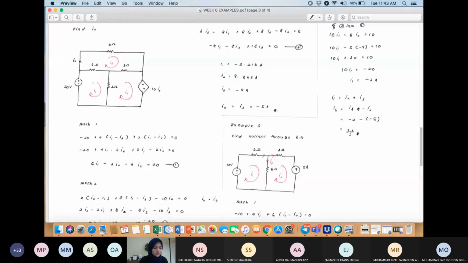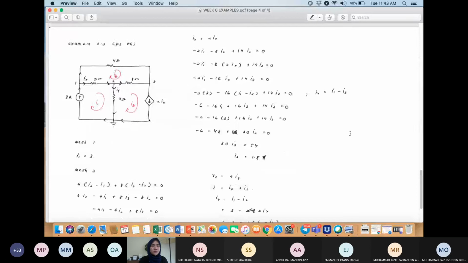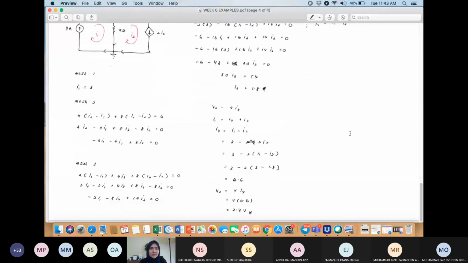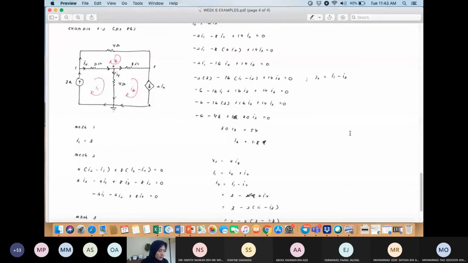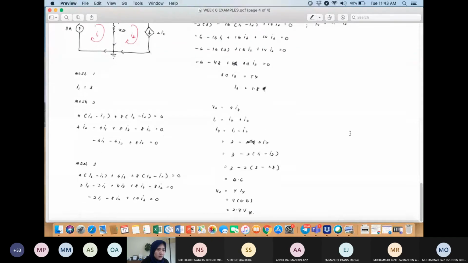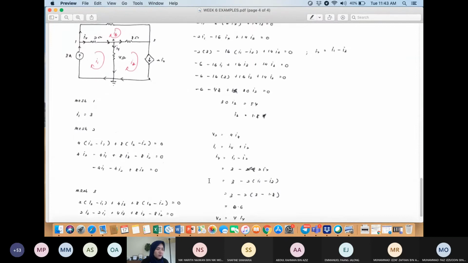Okay, so next is example 3.2 on page 86 in the Sadiku textbook. This one is a little bit different because the question asks you to calculate V2.